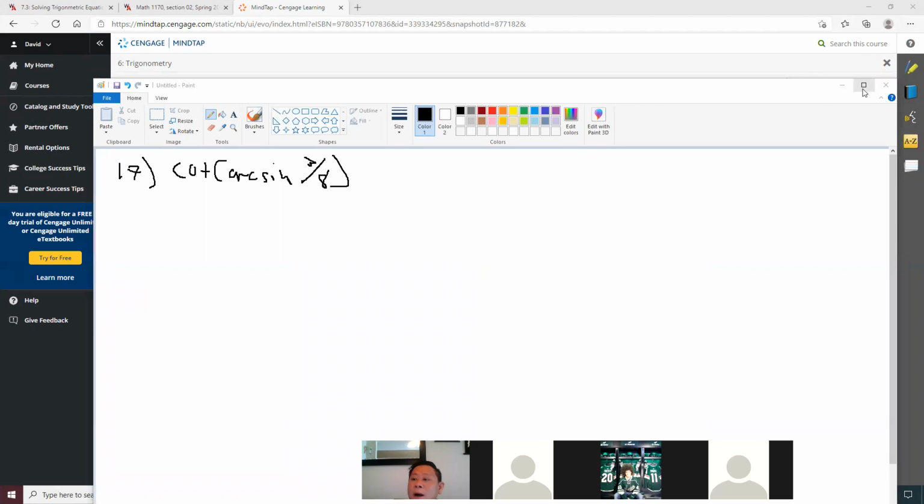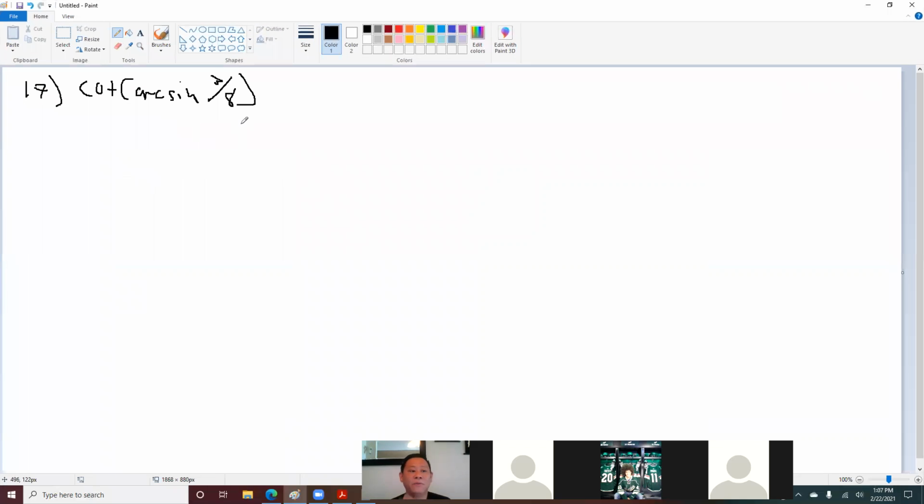Does anyone know how to find the exact value for cotangent of arcsine 3/8? Anyone? First thing first, you have to let theta become the arcsine of 3/8. Then you move the arcsine to that side, and when you move it, it becomes sine theta.